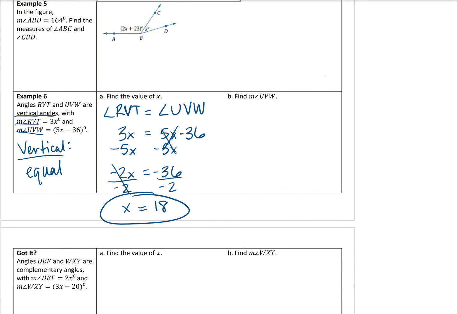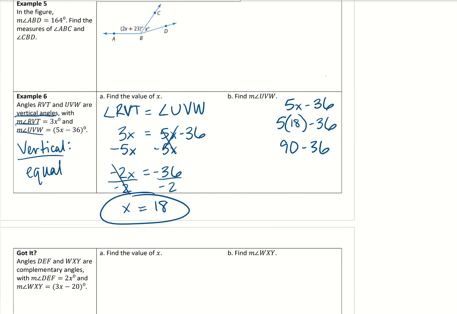Now we got to find the measure of angle UVW. So I'm going to take that 18 that I just found, and I'm going to plug it in for this x. So now we have 5 times 18 minus 36. 5 times 18 will give us 90.